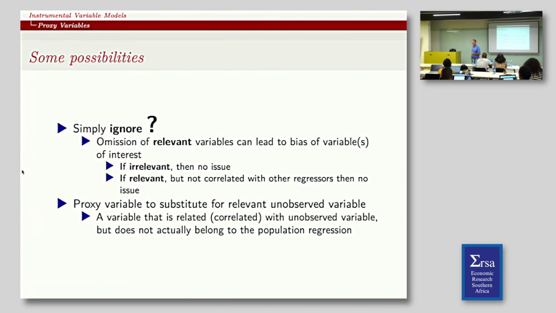So this is trying to find some x2 that's kind of like the x1, but isn't quite the x1. It's correlated with the unobserved variable, but does not necessarily belong in the actual population regression.